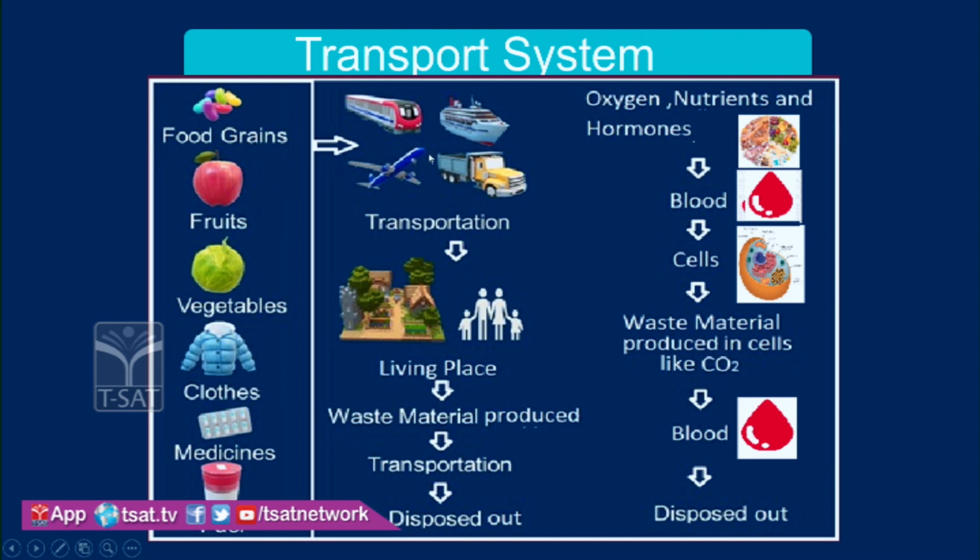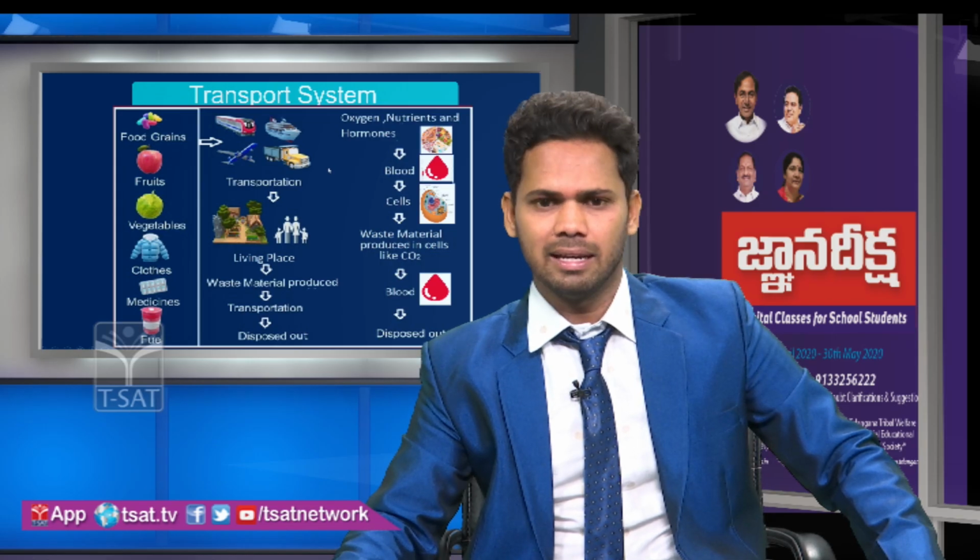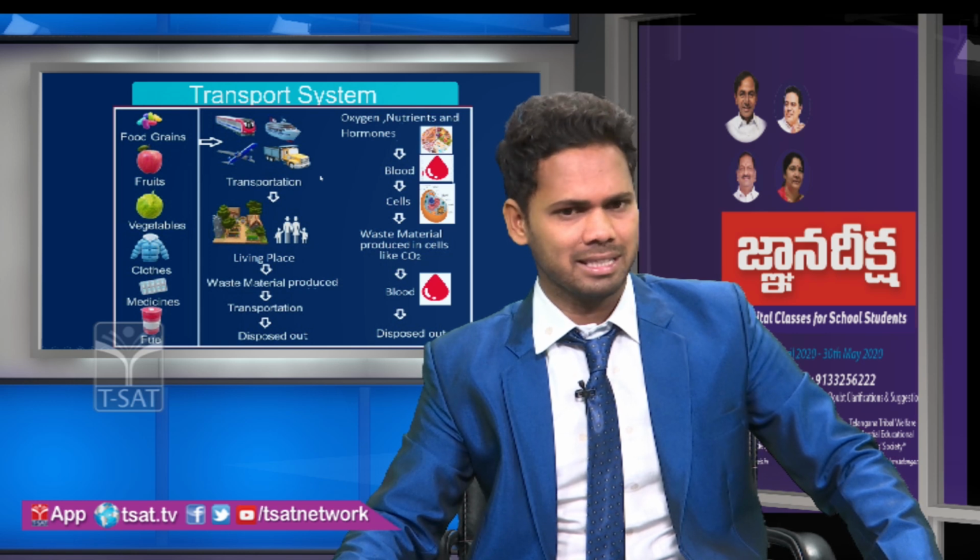Not only useful substances, you can also see waste products coming out from our houses. Even in our surroundings a lot of garbage is collected. To collect that garbage, the municipality vehicle comes to our places and, after collecting it, sends it to particular places.